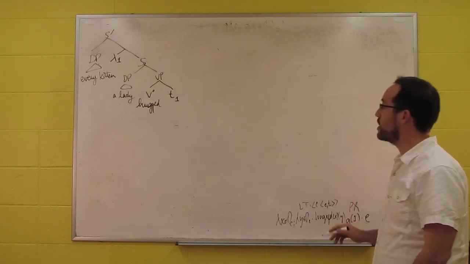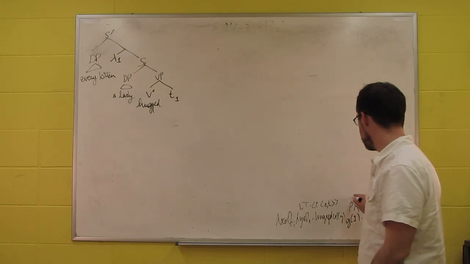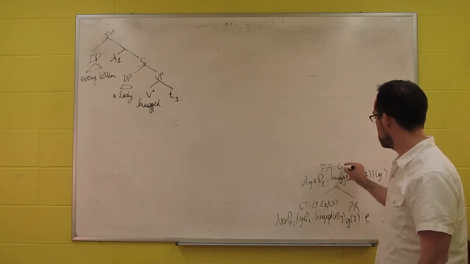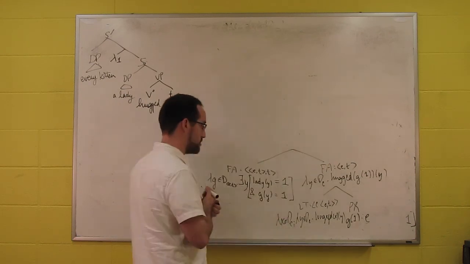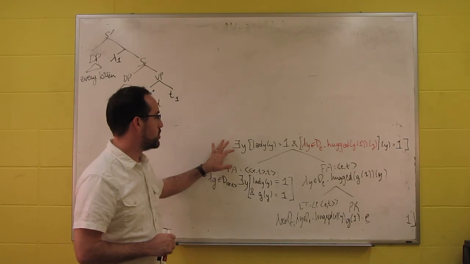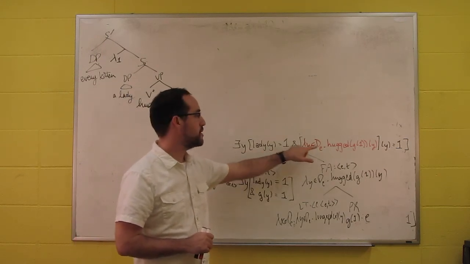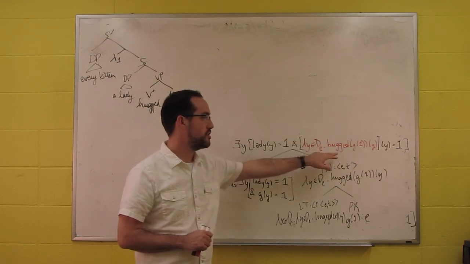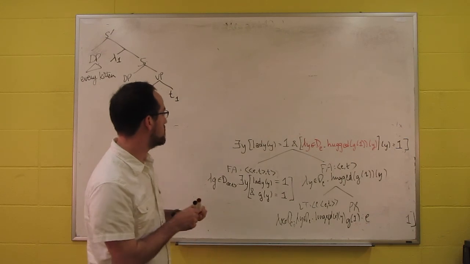Okay, and now we're going to combine that, and then we'll see how it fits with a lady. Alright, so there is a y such that y is a lady and y hugged G of 1, and we can get that through reduction. We'll do that in just a second here.